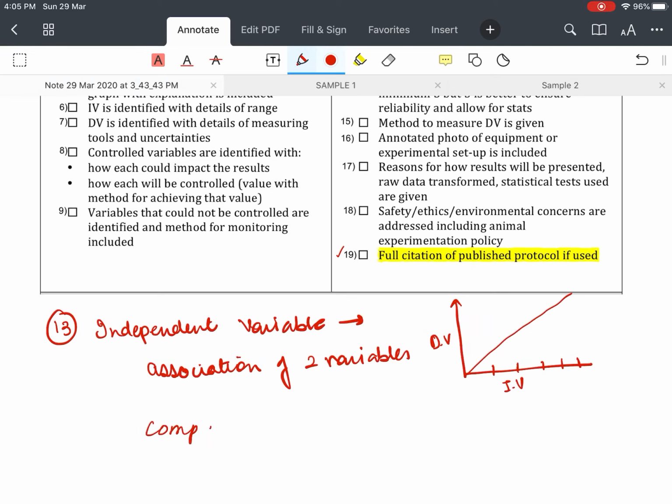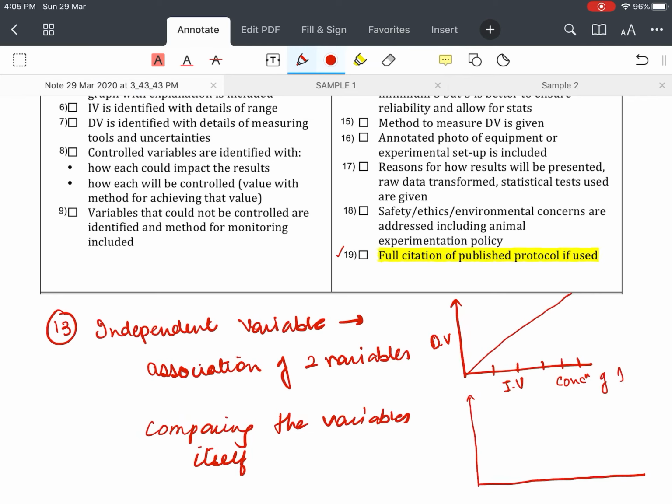But if you are comparing the variables themselves, apart from looking at the association, for example I look at the concentration of some specific juice, and how the concentration of juice is affecting the concentration of vitamin C present in the juice.